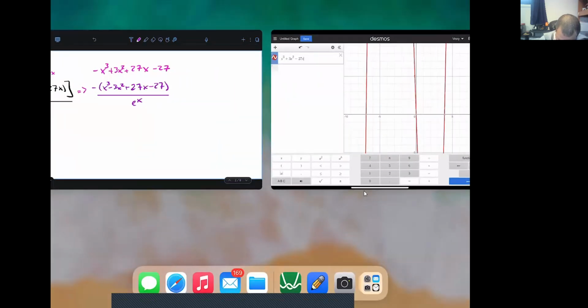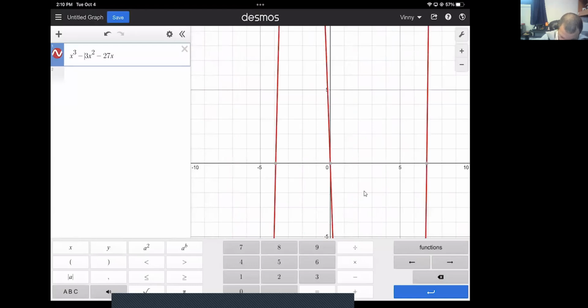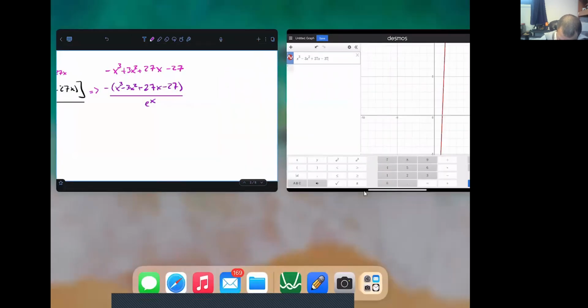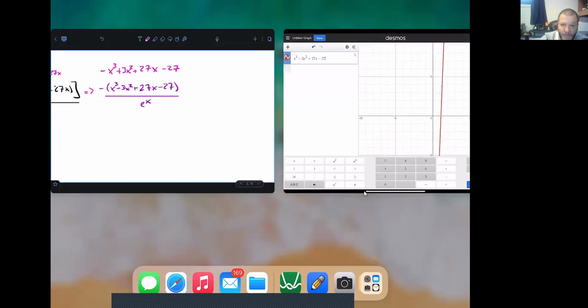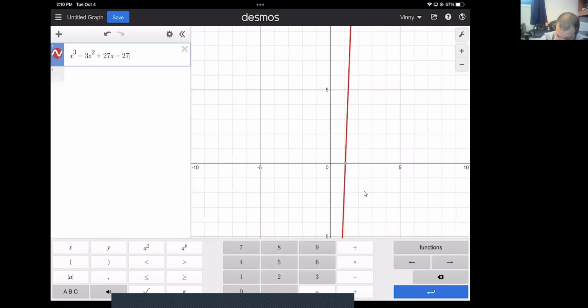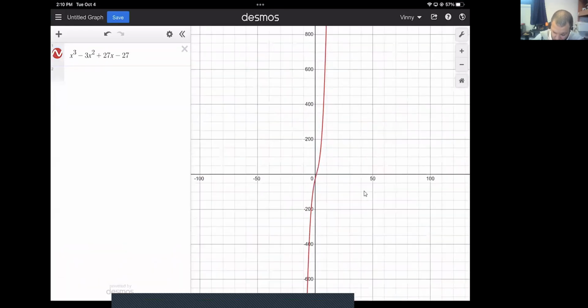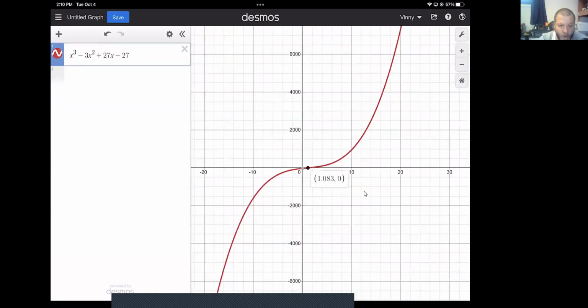Nope, x cubed minus 3x squared plus 27x and then minus 27. Let's see, we have x cubed minus 3x squared plus 27x minus 27. Yep. So where is this thing equal to 0? Well, we see that it has one and only one 0, at that one spot, whenever x is equal to 1.083.